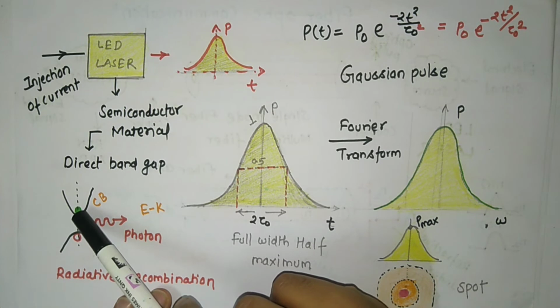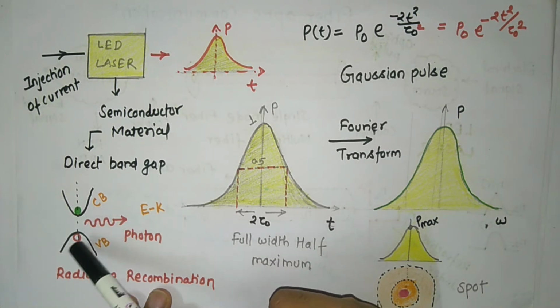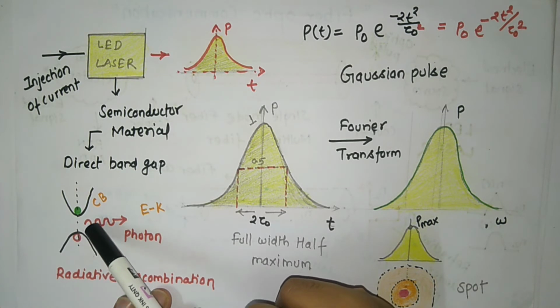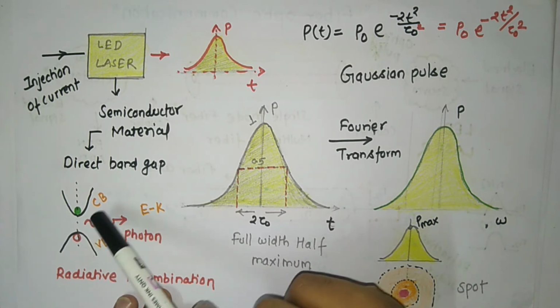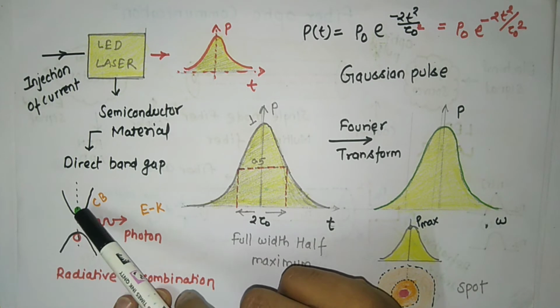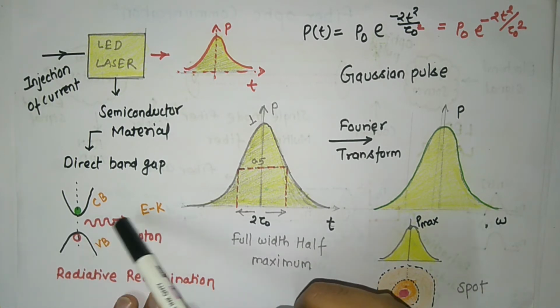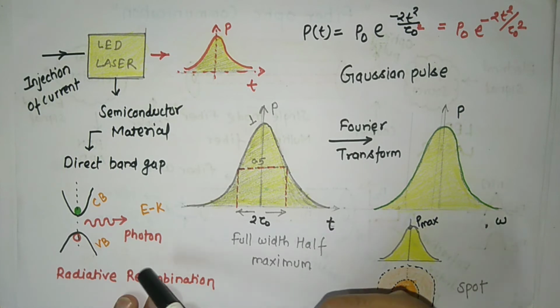Okay, suppose that there is a electron and there is a hole, and electron meet with hole, then this process is called recombination. And what you want, actually you want the generation of photon. Suppose that electron meet with hole and it produces photon, so such type of recombination is known as radiative recombination.